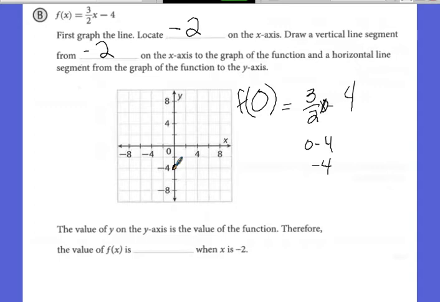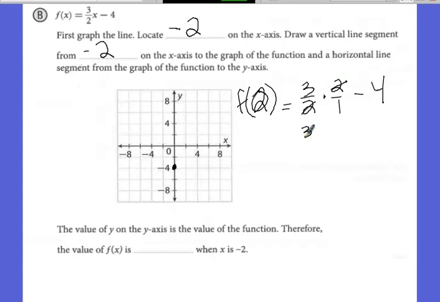I'm going to end up having to do some fraction work here, so let's put in numbers that are going to work nicely with this, anything that can be divided easily by 2. So let's say I put in 2. So 3/2 times 2 over 1 minus 4. This gives me 3/1 minus 4, which is 3 minus 4, which is -1. So when x is 2, I get -1.